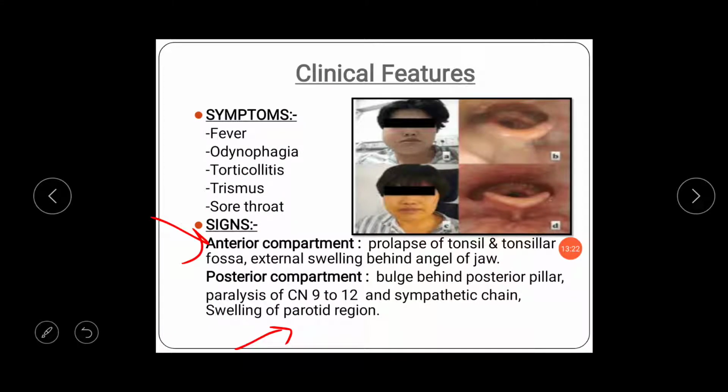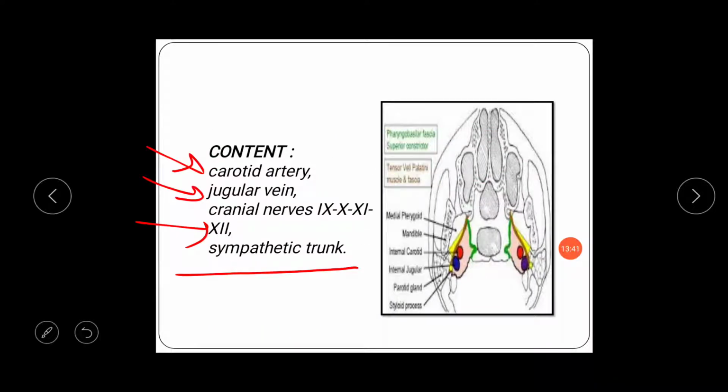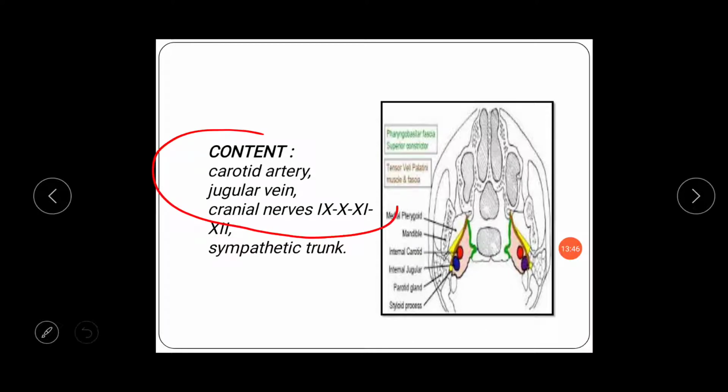Now, whenever this parapharyngeal space infection is large in nature, as we can see, the parapharyngeal space is situated on this side, and this infection can reach up to the larynx and the patient can develop laryngeal complications. The contents of this parapharyngeal space are also important in neck spaces.